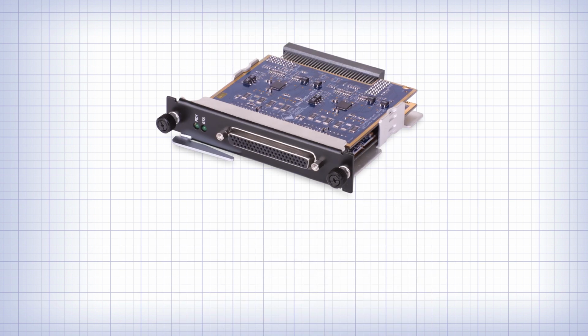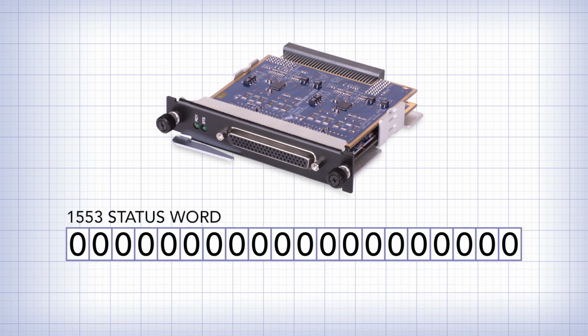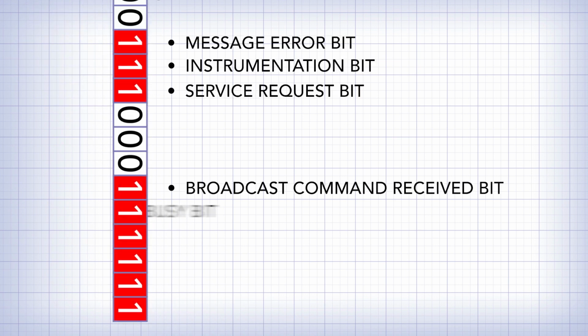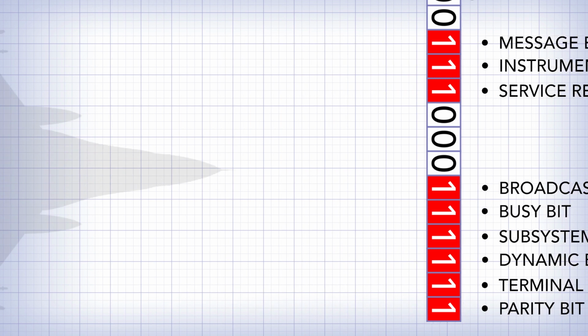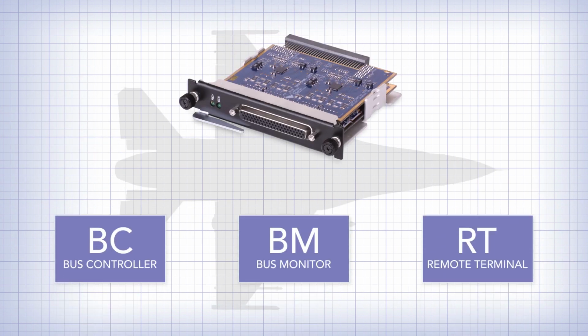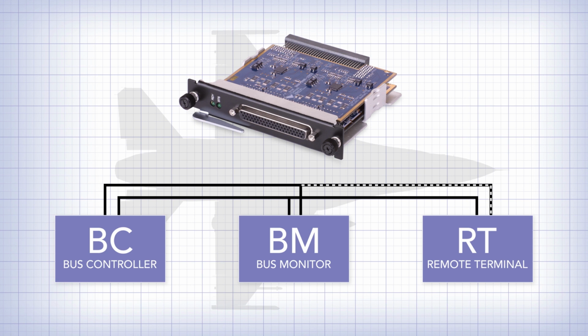Additionally, you can use our 1553 I/O board to inject errors into the status word by setting the appropriate error bits. You can use UEI's ability to run any of the major components of a 1553 system correctly and inject errors to ensure your mission success.